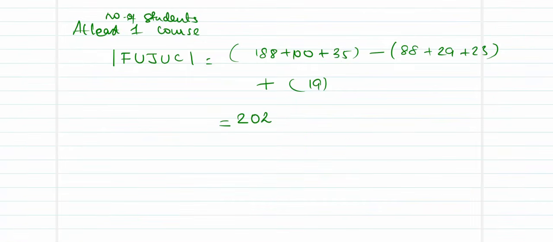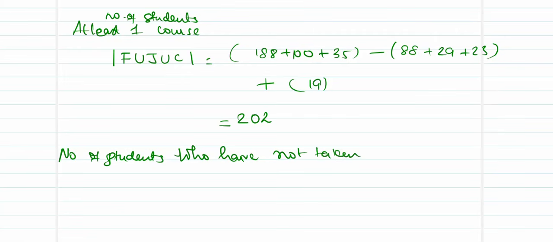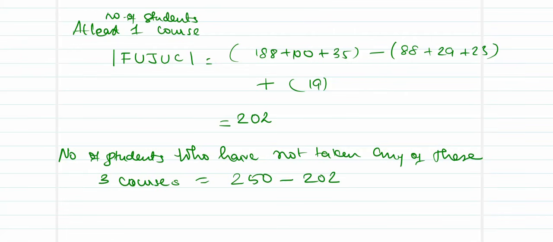So the number of students who have not taken any of these three courses: from the universal set 250, you subtract the three components together, 202, so this is equal to 48.